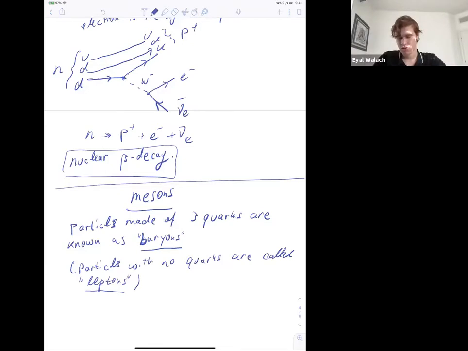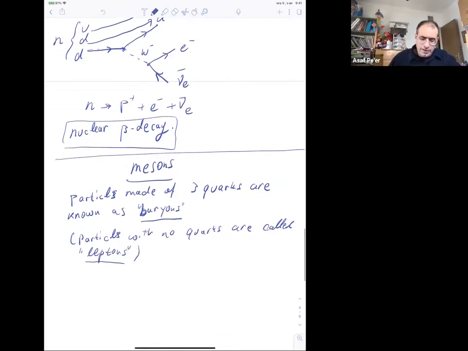And we can also have bound states of quarks made of 2 quarks. Particles made of 3 quarks are known as baryons. Particles that don't have any are called leptons.